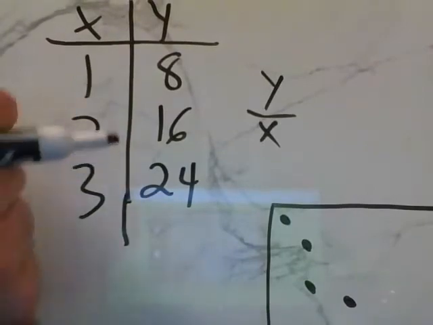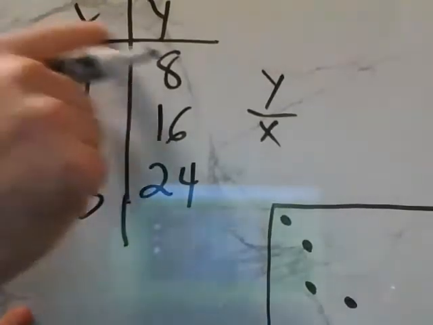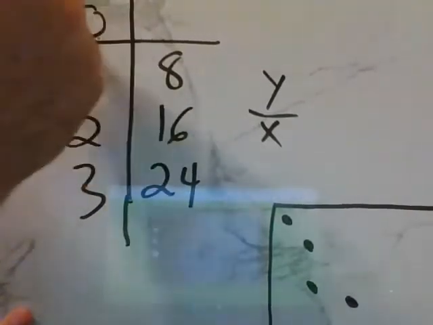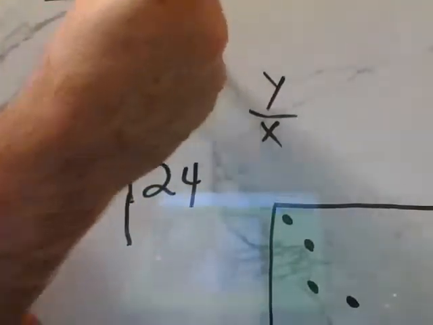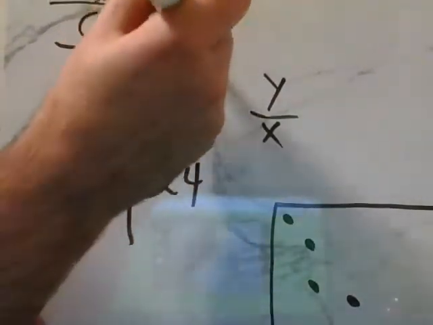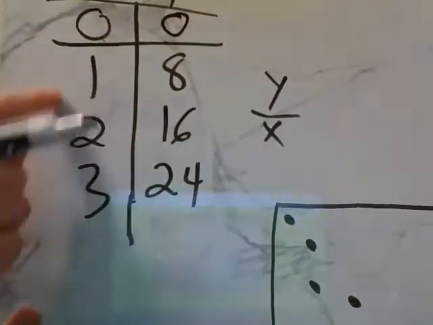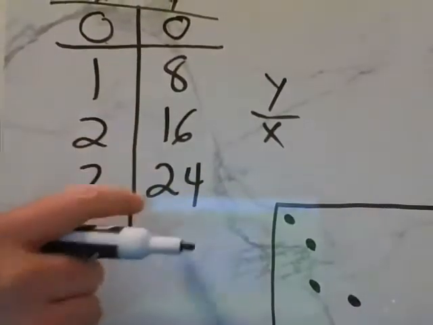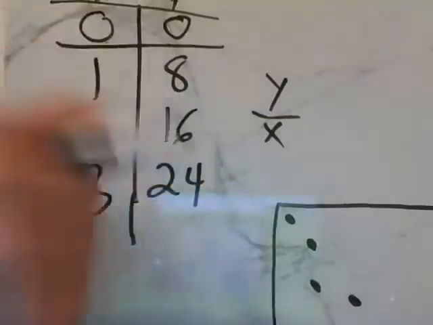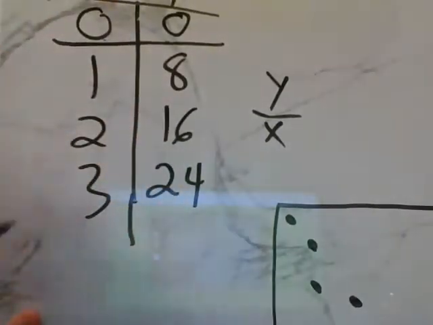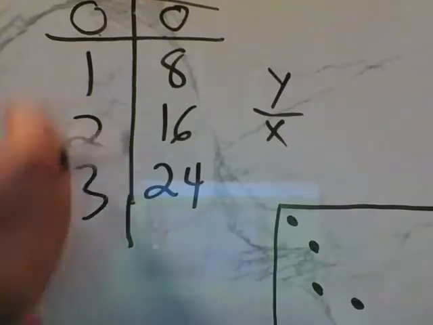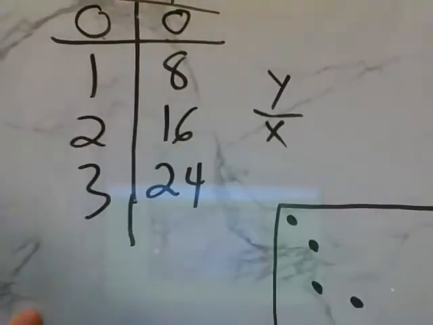And if I went another one, let's say I took one off there, 8 minus 8 would be 0. So every time I increase 1 here, I increase 8 here. Vice versa, every time I decrease 1 here, I decrease 8 here. So this is proportional because I have a constant and it would have a 0, 0.